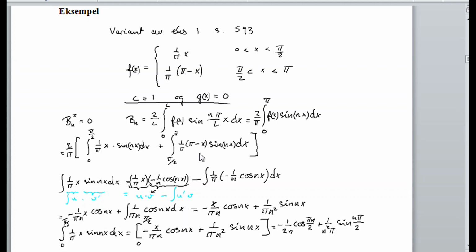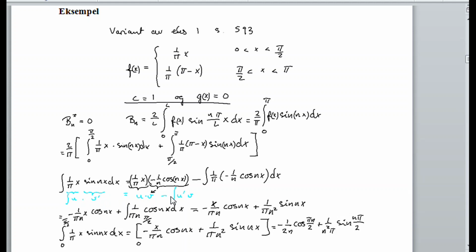So the next thing we have to do is to compute these two integrals. In order to compute these integrals, we have to use integration by parts, and it's very important that you students know how to integrate by parts. You use the blue identity here.